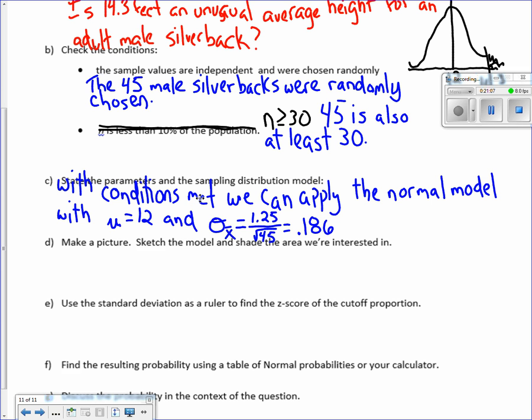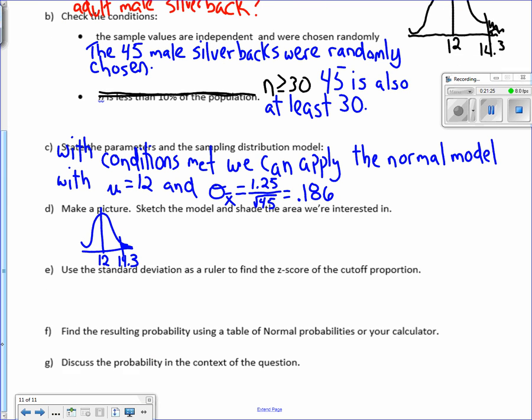So make a picture. I did that up above. It was a little messy though, so let me try again. Got 12 in the middle. 14.3 is the part in question. That is a 14. And I'm shading above. Then I need to figure out my z-score calculation.